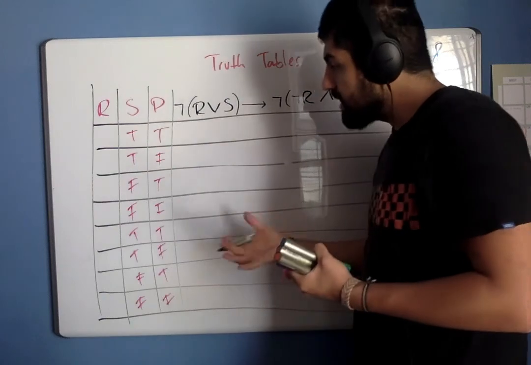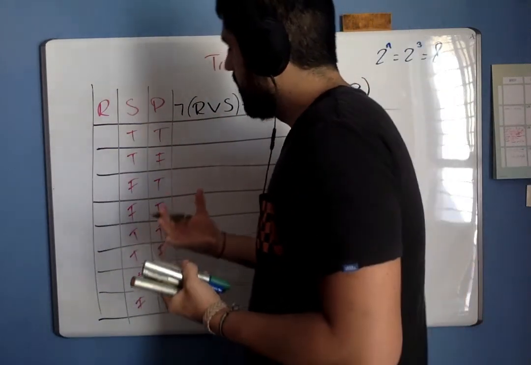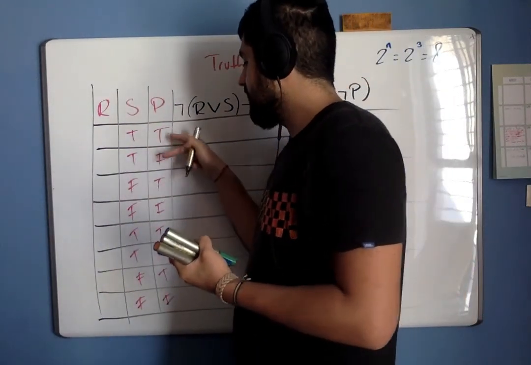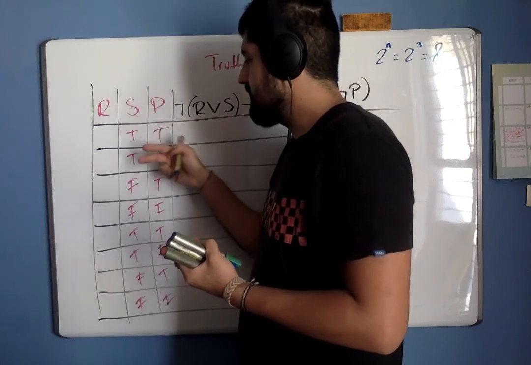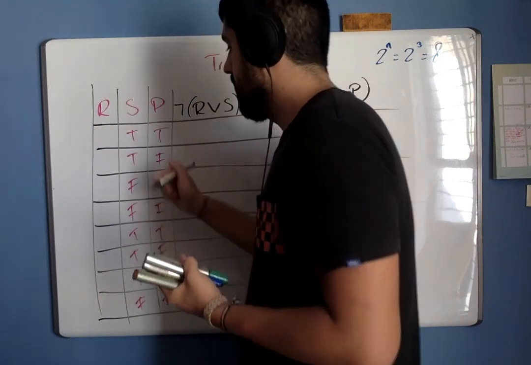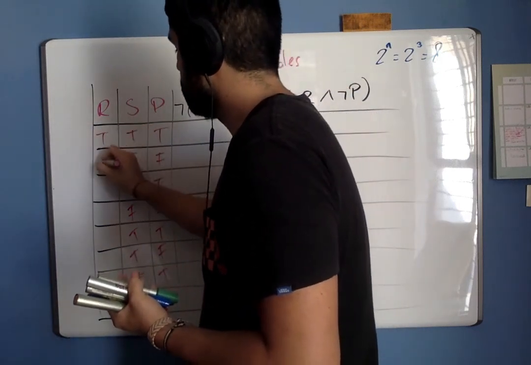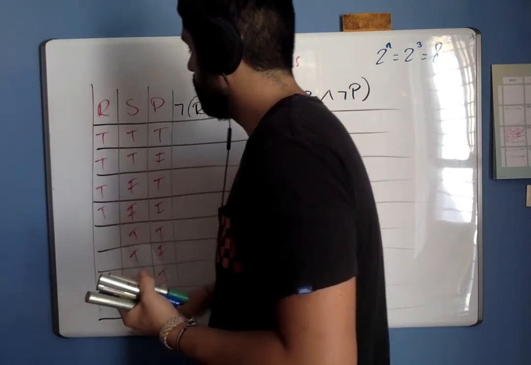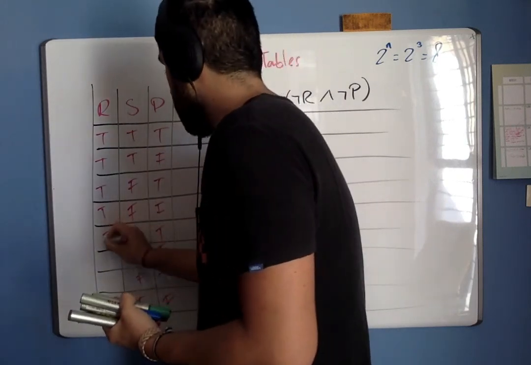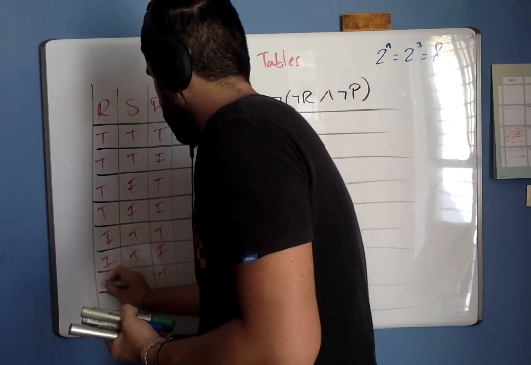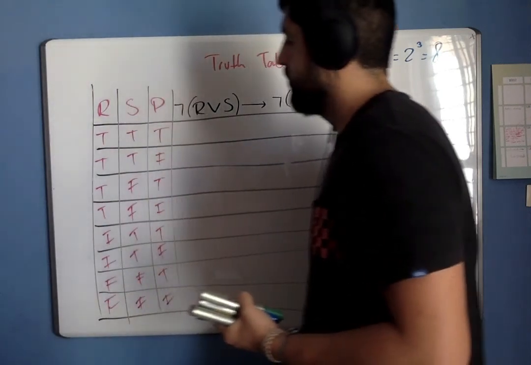Since we now have a third variable, we go from 1 time, to 2 times, to 4 times. So we will have true, true, true, true, and the remaining ones false, false, false, and false.